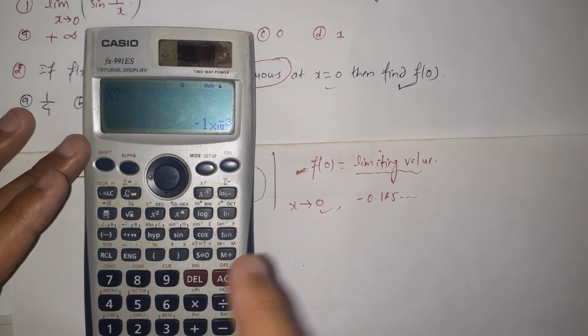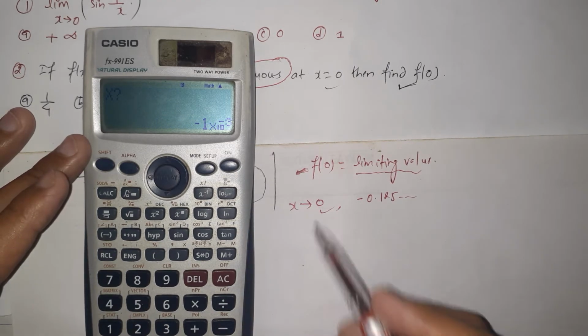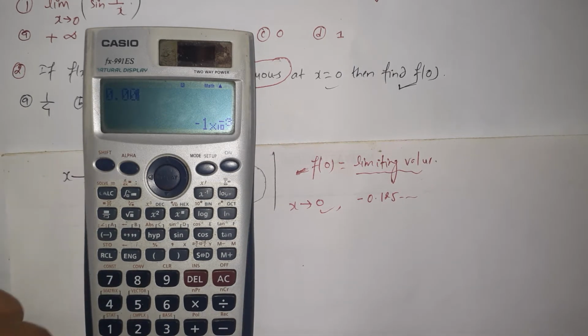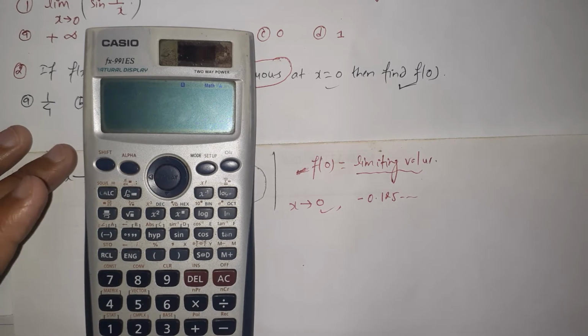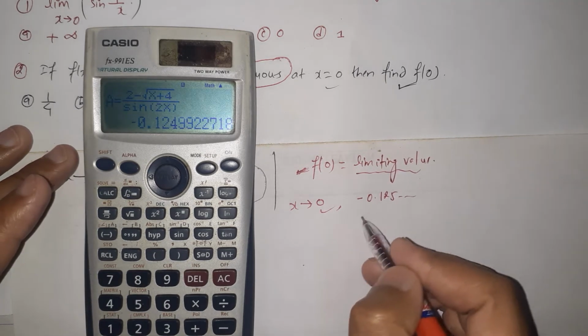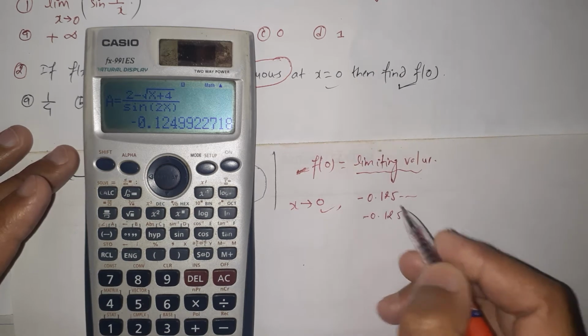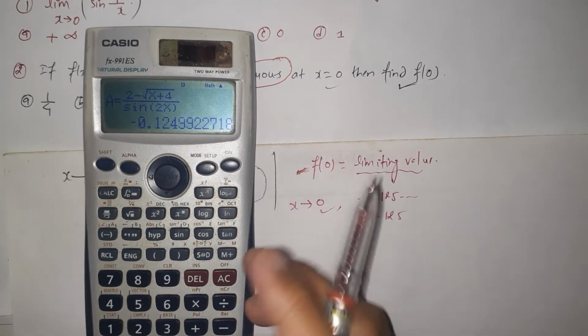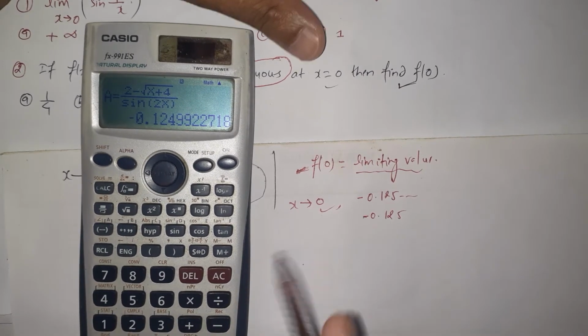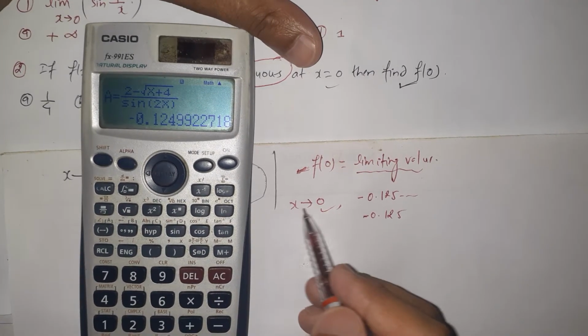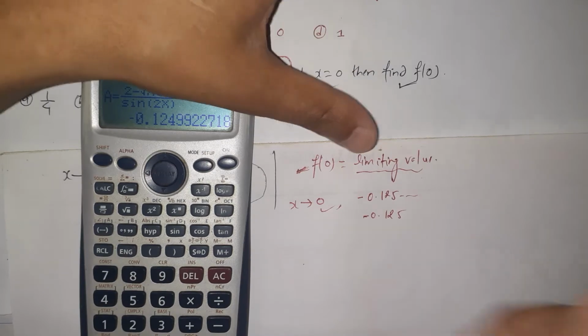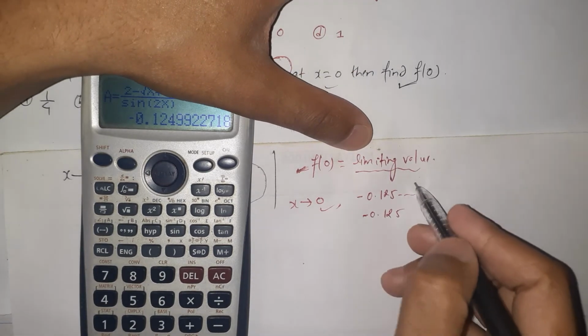Similarly, let's approach this point from the right-hand side, 0.001. In this situation, the value is negative 0.125. After approaching 0 from both the left-hand side and the right-hand side, we got the same functional value.